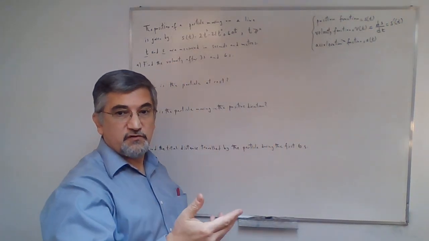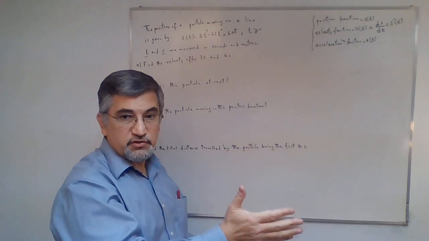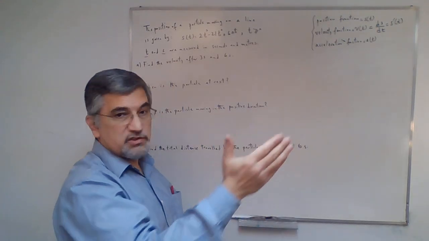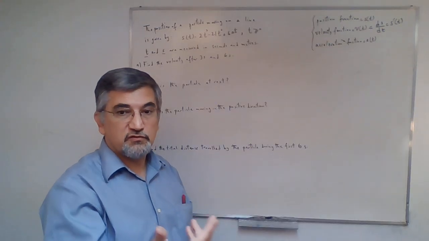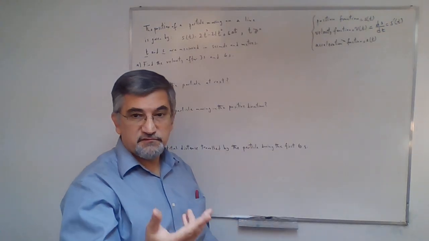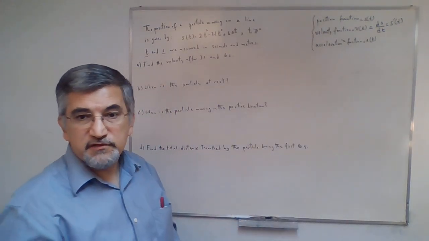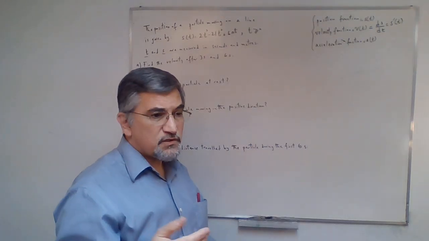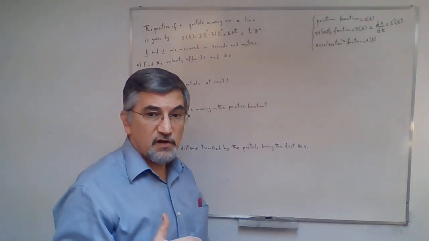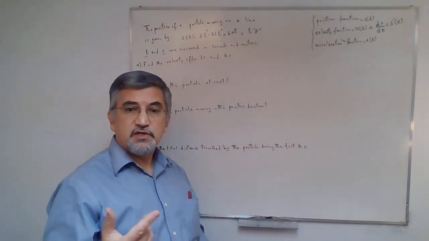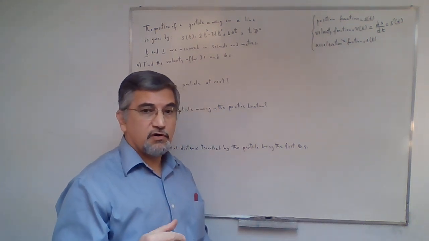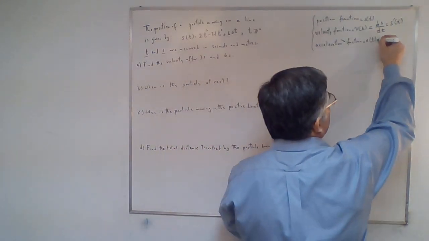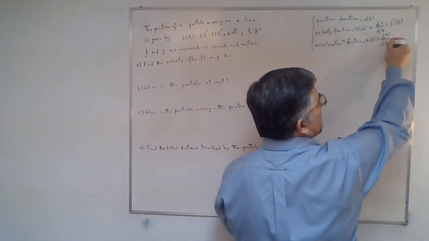So the derivative of the position function is going to be s prime of t, or ds over dt. We take the derivative with respect to time, and that becomes the velocity function. And again, in physics, acceleration is the rate of change of velocity with respect to time. So if you differentiate velocity with respect to time, you generate a new function called the acceleration. That would be dv over dt.